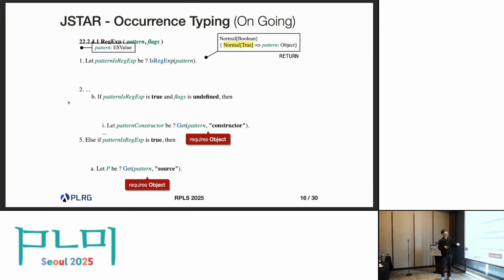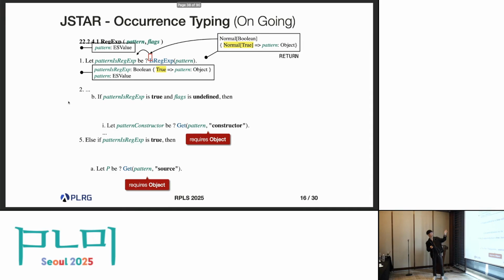So here, actually, the IsRegExp algorithm's return type is normal Boolean type, but we want to infer another type constraint: if IsRegExp returns a normal true type, then the argument pattern should be object type. If we can infer that type constraint, we can utilize this information. For example, we can propagate this information to this pattern. Sorry, so we can move to like this.